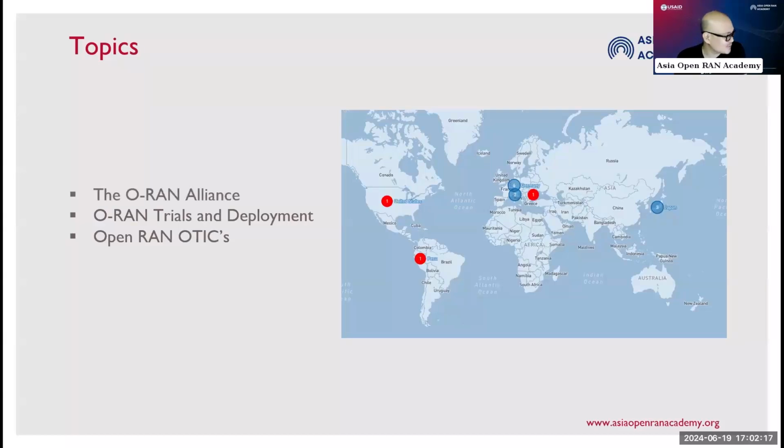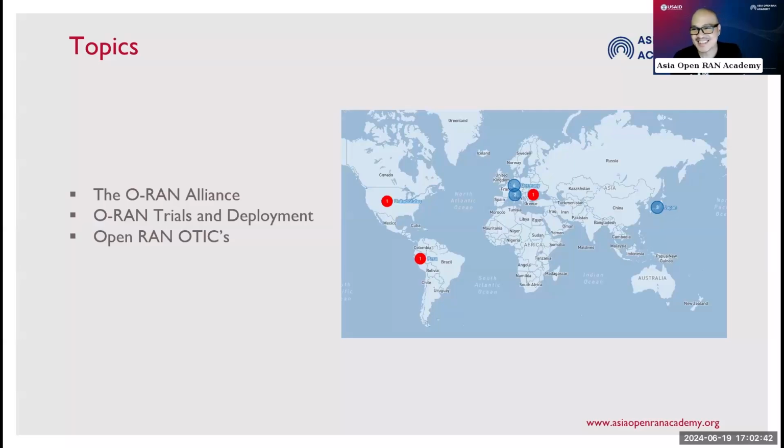So, three topics only: the ORAN Alliance, the ORAN trials and deployment around the world, and the Open RAN OTIC. Who are those OTICs? And then I'll show you some samples coming from one of the research facilities that we have visited in the US. I just got some updates on the slides.